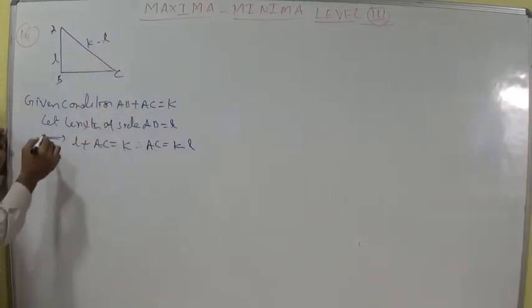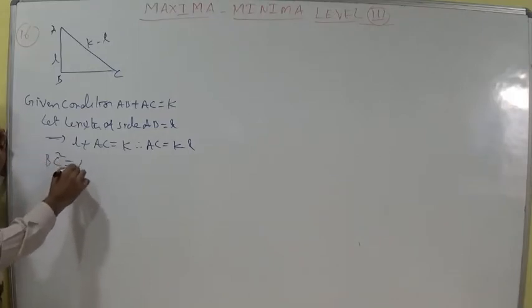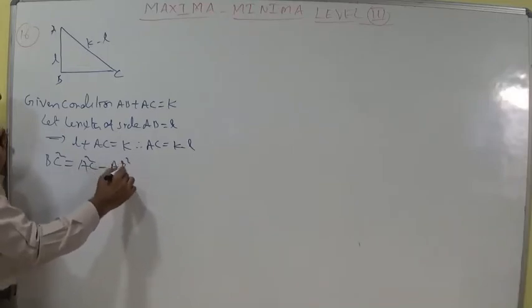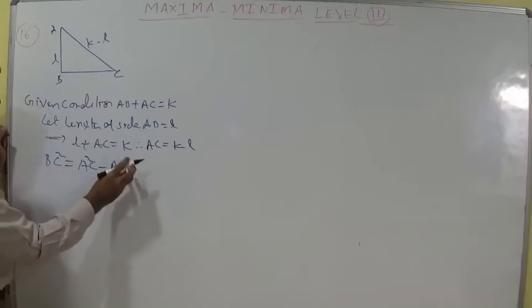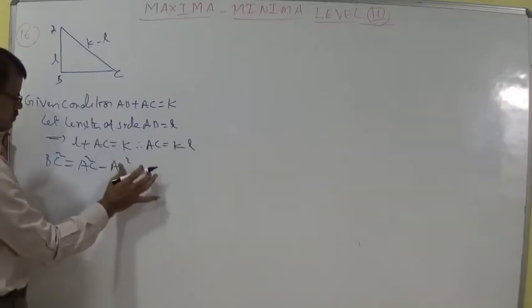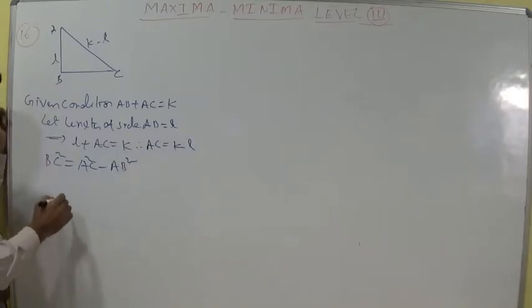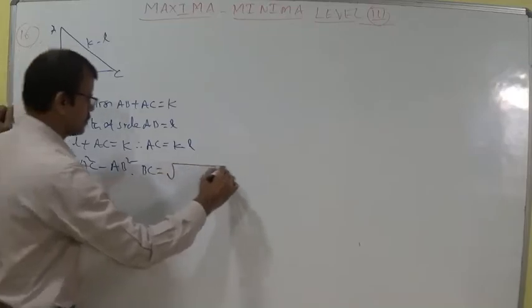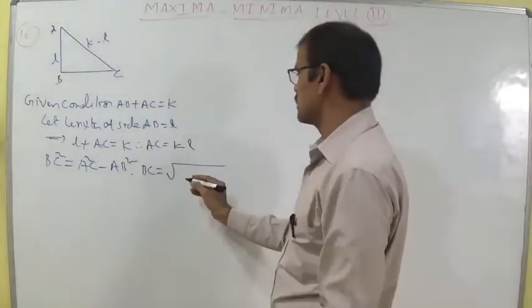Using the right angle triangle concept, BC square is equal to AC square minus AB square. So BC is equal to the square root of AC square minus AB square.